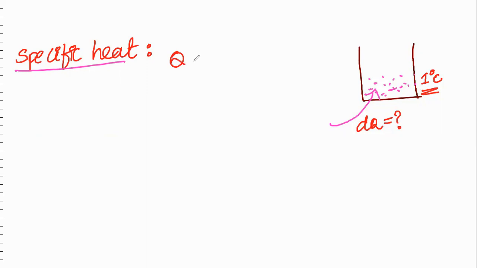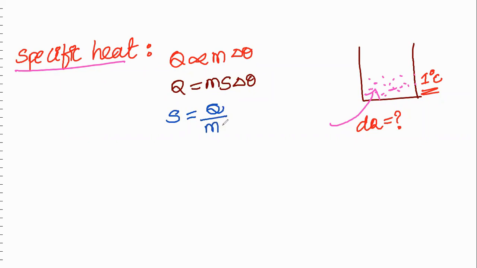So Q is proportional to M into delta theta. It depends upon the mass of the substance and the temperature difference through which we are increasing. So Q is equal to M S into delta theta, where S is called the specific heat. Therefore, specific heat S is equal to Q divided by M into delta theta.